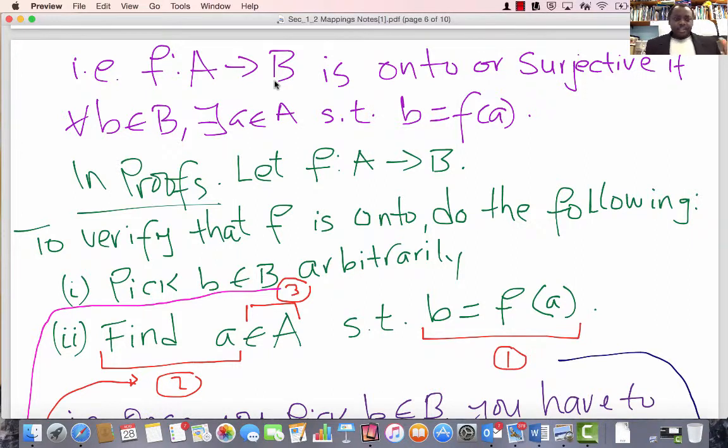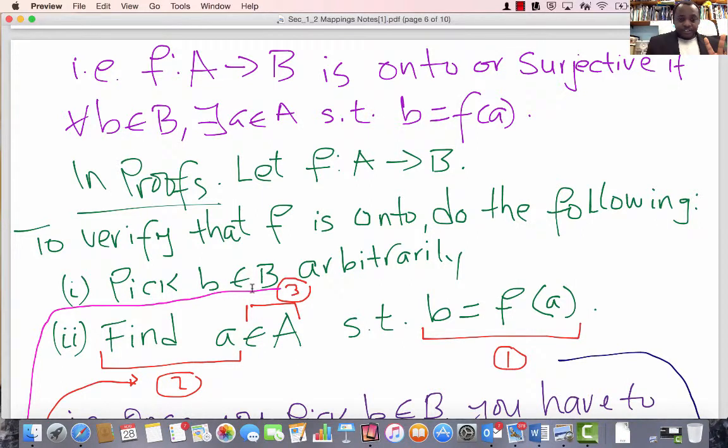How do we apply this concept in proofs? Let f be a mapping from A to B, A and B non-empty. To verify that f is onto or surjective, these are the things we have to do. Preliminary step: you pick an element b in B. It has to be arbitrary.